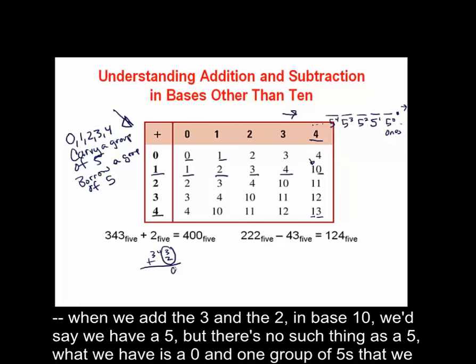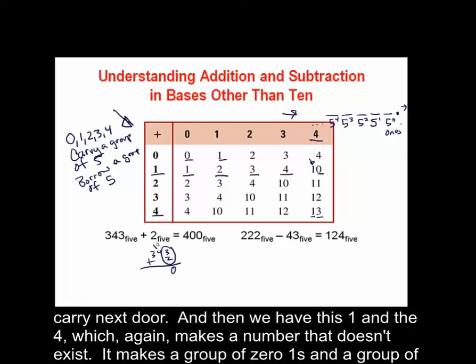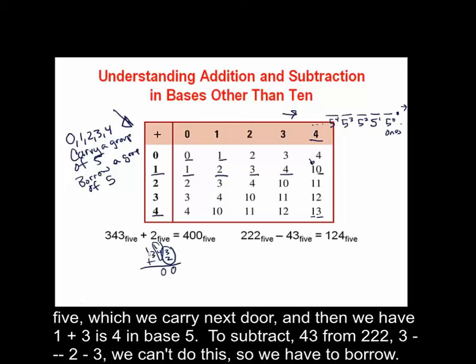What we have is a 0 and one group of 5 that we carry next door. And then we have this 1 and the 4, which again makes a number that doesn't exist. It makes a group of 0 1s and a group of 5, which we carry next door. And then we have 1 plus 3 is 4 in base 5.